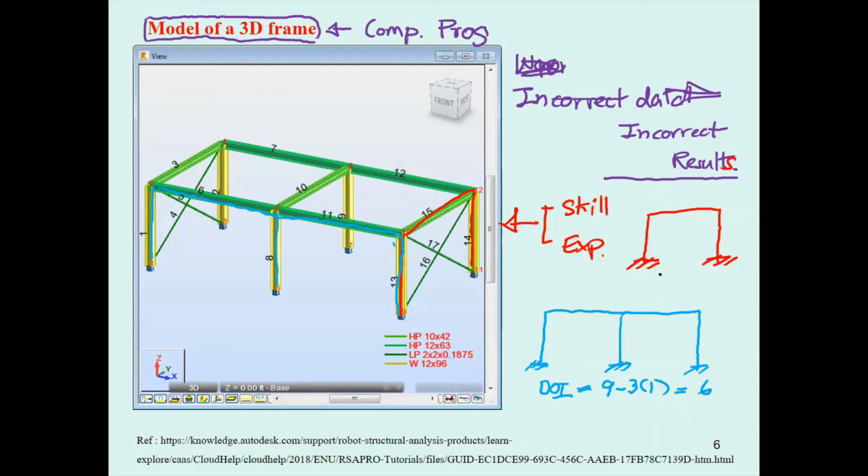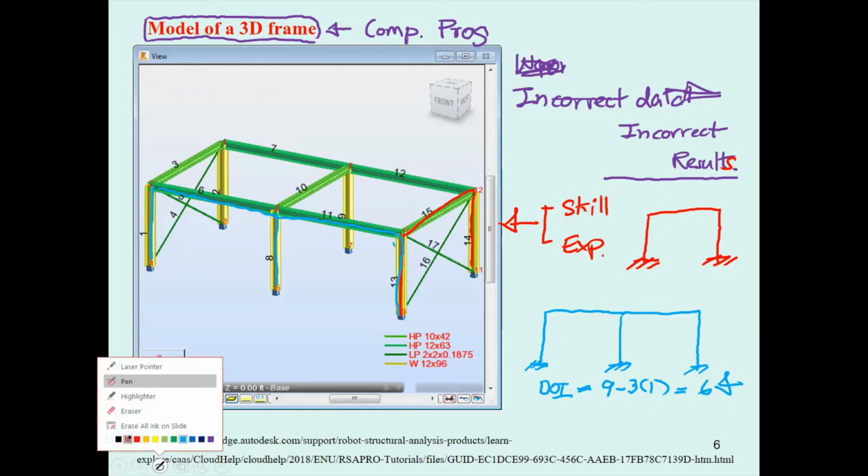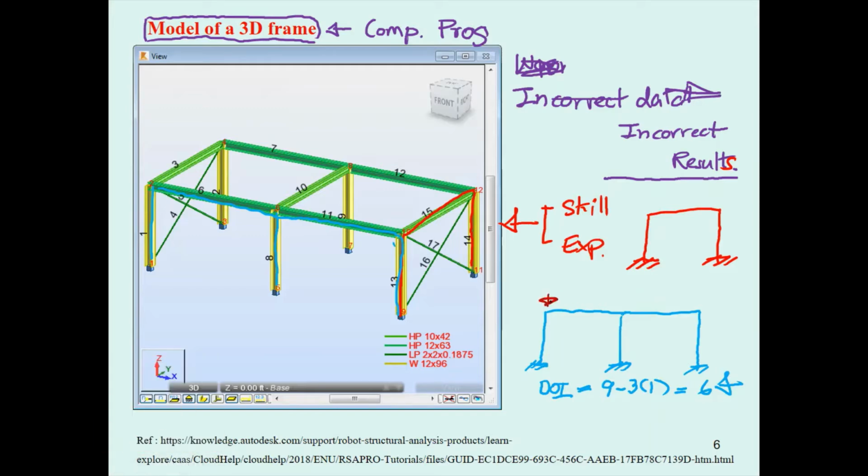But for the approximate analysis, we will make some assumptions to make the analysis of this structure simple. And let me tell you again, we need to consider the frame not only subjected to the so-called vertical load. Vertical loads are from what?